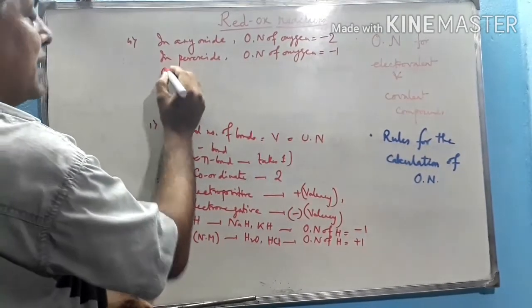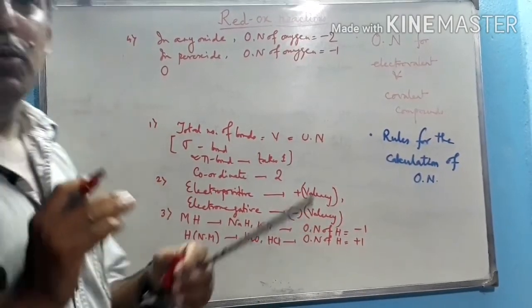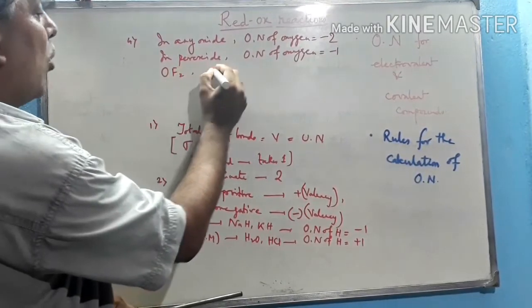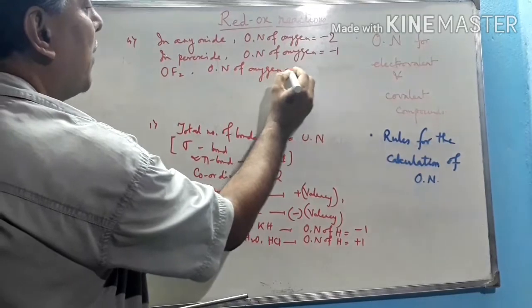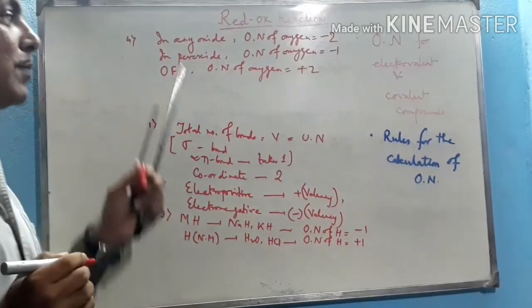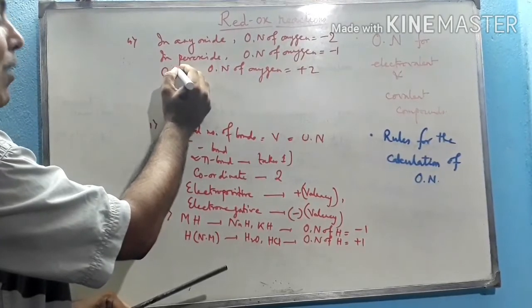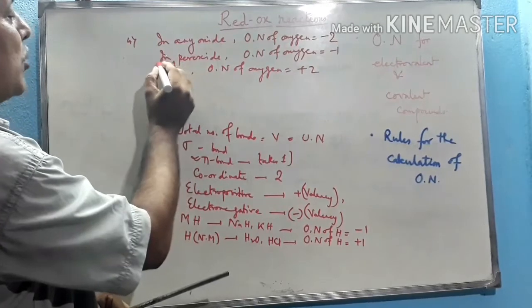But there is an exceptional case, whenever oxygen combines with fluorine, because fluorine is the most electronegative. That's why in case of OF2 the oxidation number of oxygen is +2, not -2. First we have to write the valency over it. The valency of fluorine is 1 and that of oxygen is 2.